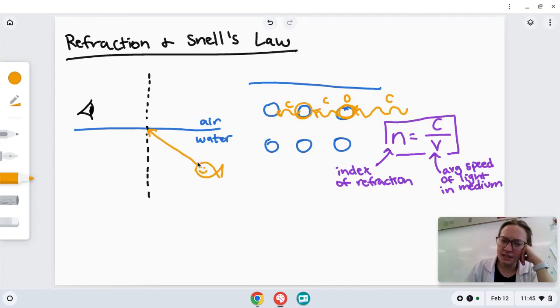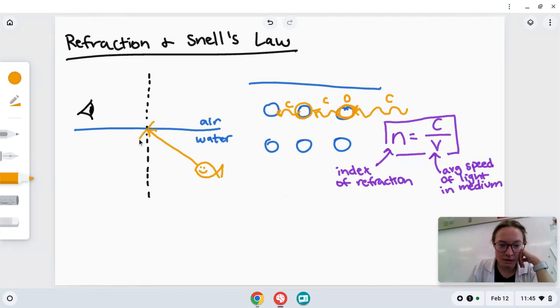When the light from the fish gets to the boundary between the water and the air, the light from the fish is not going to keep on going in a straight line like this. No, it's going to refract. It's going to bend. Now this is where you should check your refraction rules and see if this makes sense to you. The bottom part of the light ray, and this is where it would be really nice if you could hold up a little pen next to this thing, so it's going to probably be easier on your paper than it is for me.